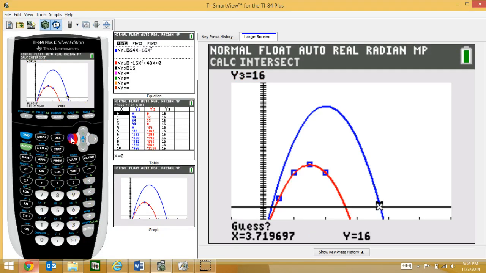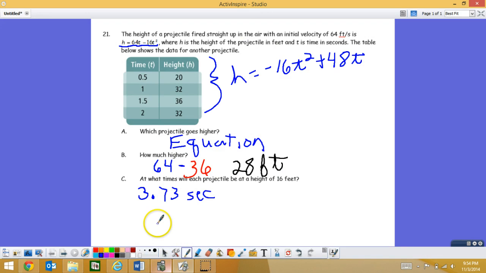And now what I'm going to do is right arrow until my little X there gets closer to that other intersection of these two. And the other intersection is about 0.27 seconds. So that first projectile is 16 feet off the ground twice, once at 0.27 seconds on the way up, and the other time at 3.73 seconds on the way down.